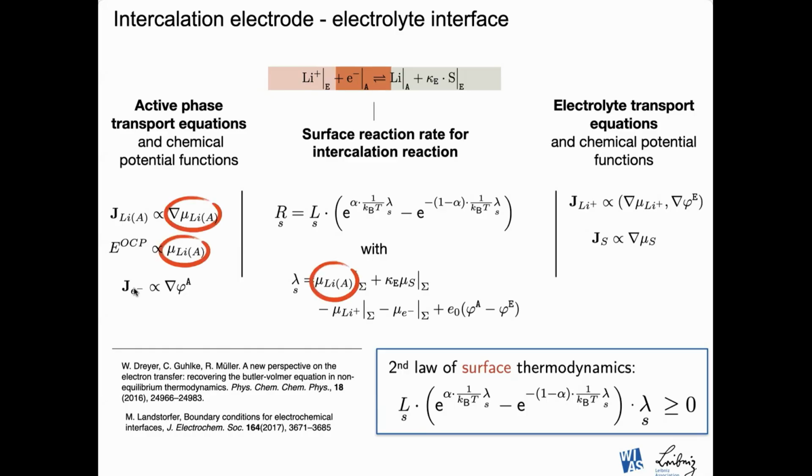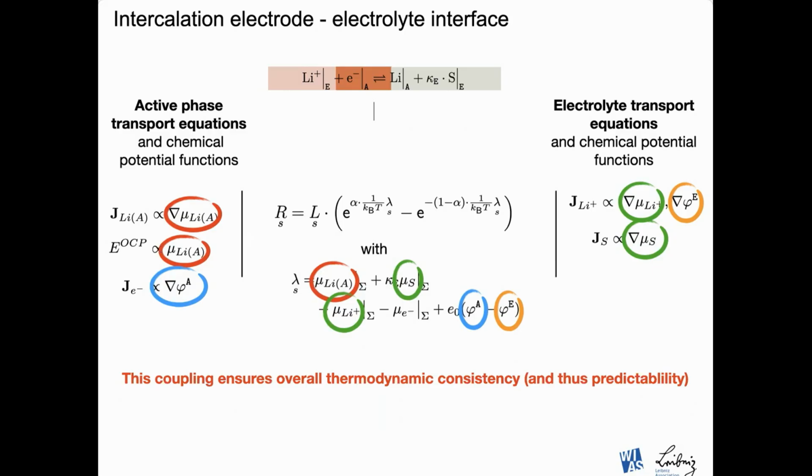And what is of ultimate importance for consistency is that you are using really the very same chemical potential functions which you are using in the transport equations also in the boundary conditions. So exactly the mu's which you are using in fluxes are also employed in boundary conditions. And the same also holds true for the electrostatic potentials. And this is something which is not always done very precisely throughout the literature, at least what I found out by studying this.